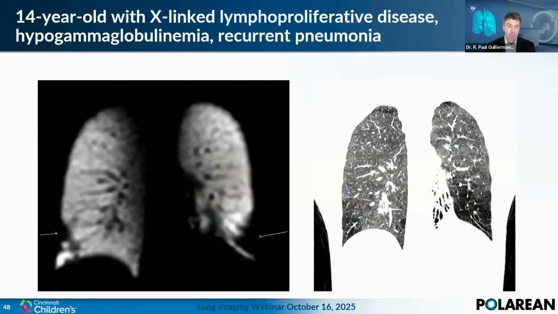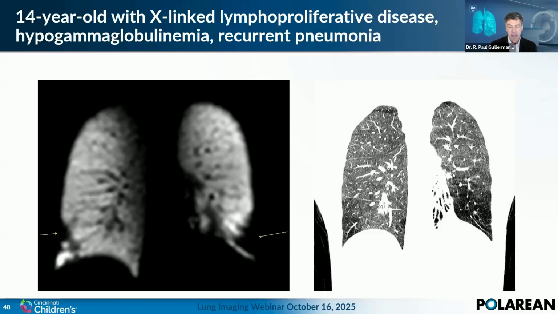Next slide. So here's a patient who had an immunodeficiency that, as a result, was prone to getting recurring pneumonias. And you can see, with the arrows, these very sharply delineated ventilation defects at the lower lungs. And you can see the corresponding CT image with that. In this particular disorder, they are also very prone to getting bronchiectasis.